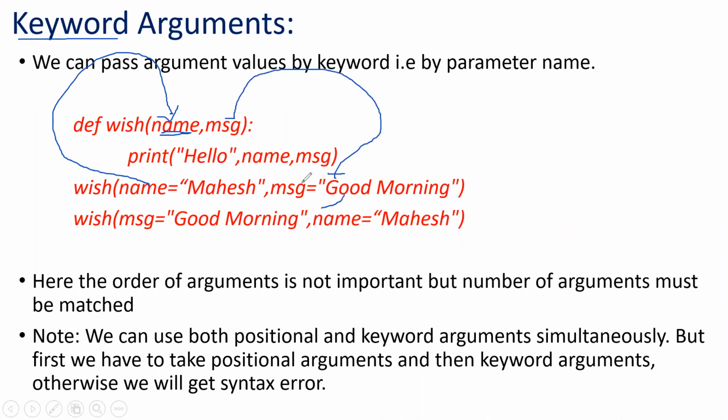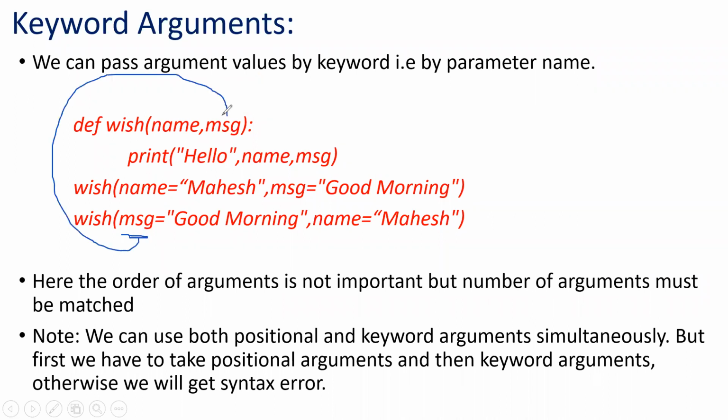If you change like this, message in the first and name equal Mahesh, Python will not get confused because the values are already assigned, message equal. So this message will be here and name is here. So it is not working based upon the position.